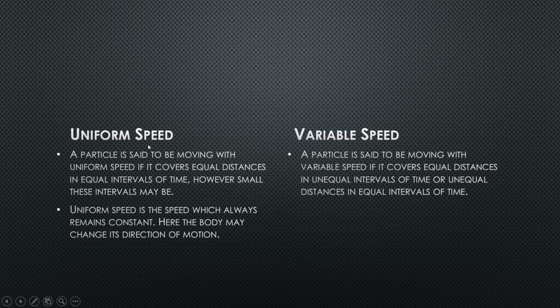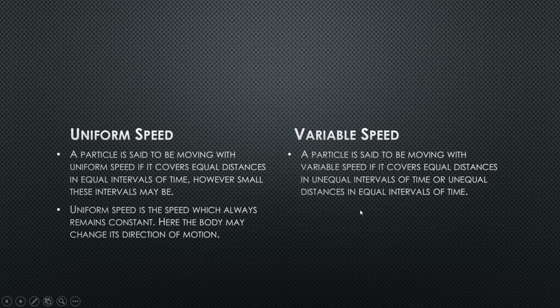Then a particle is moving with uniform speed if it covers equal distances in equal intervals of time, however small these intervals may be. Uniform speed is the speed which always remains constant. Variable speed covers equal distances in unequal intervals of time, or unequal distances in equal intervals of time.